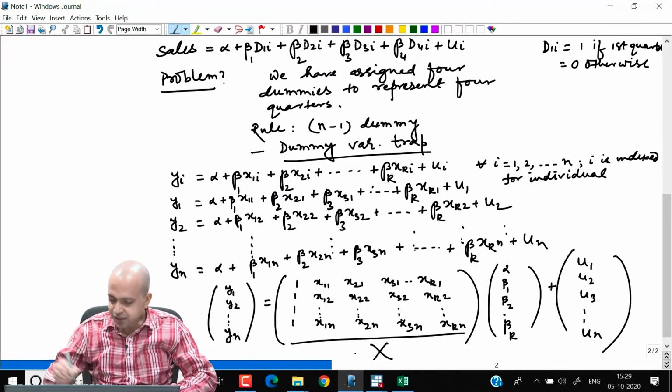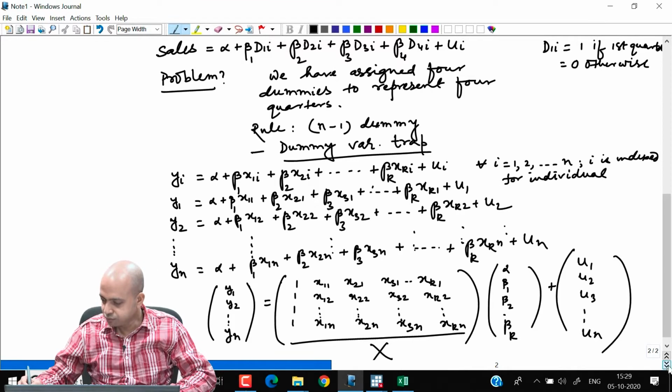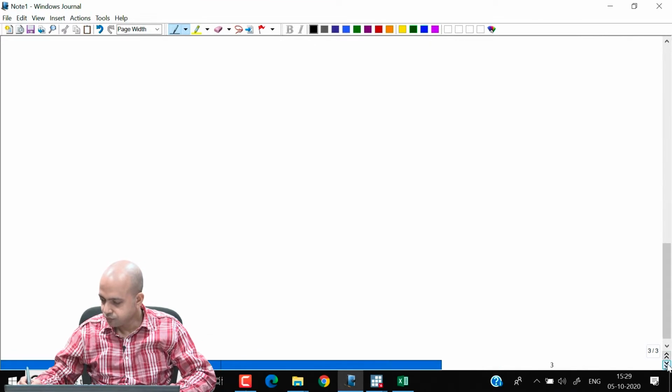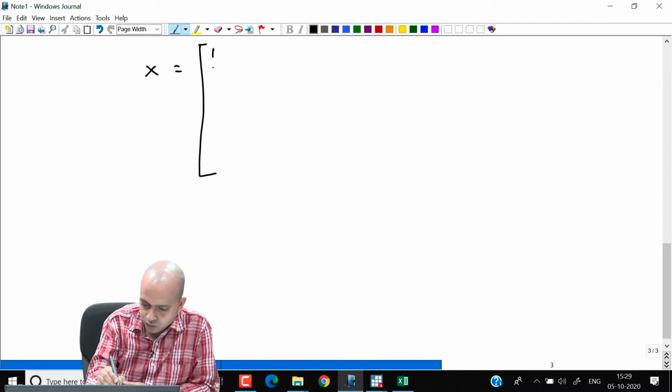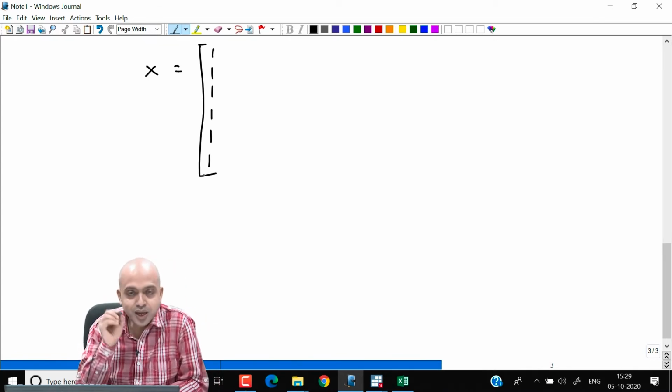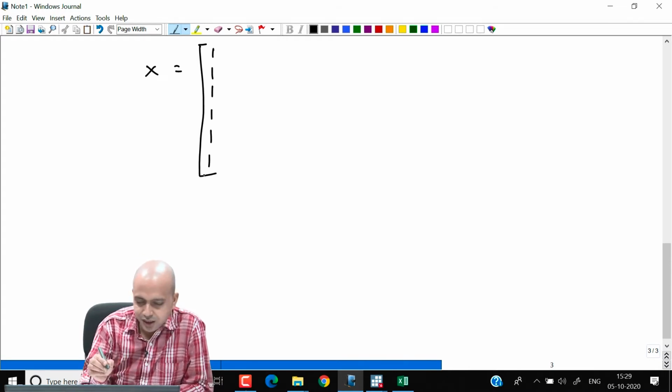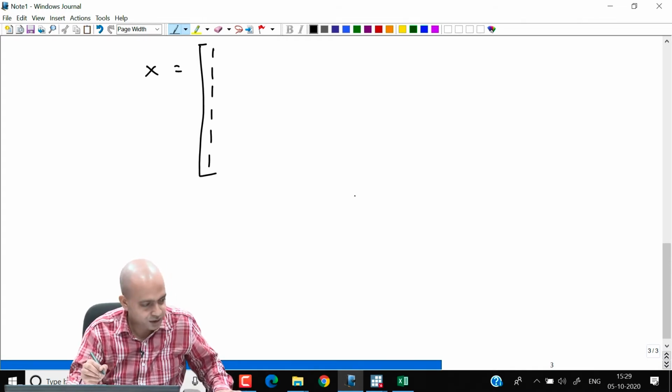So I will take this X matrix separately. How does your X look? It is 1 1 1 1 1 1. How many ones are there? The number of ones. And then you have this matrix of dummy variable coefficients that you have to take.